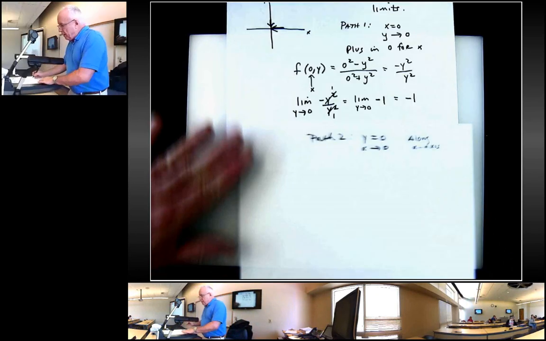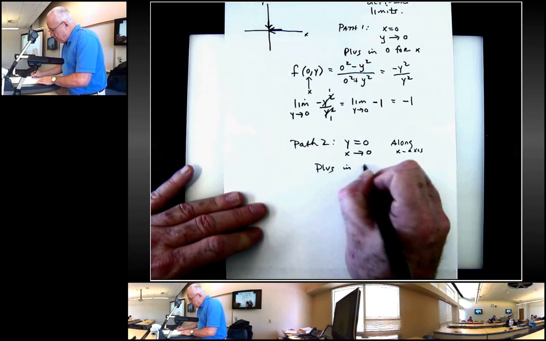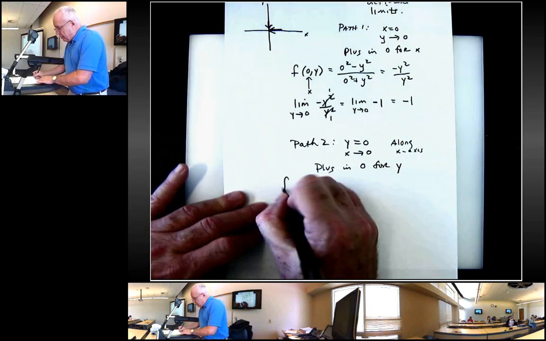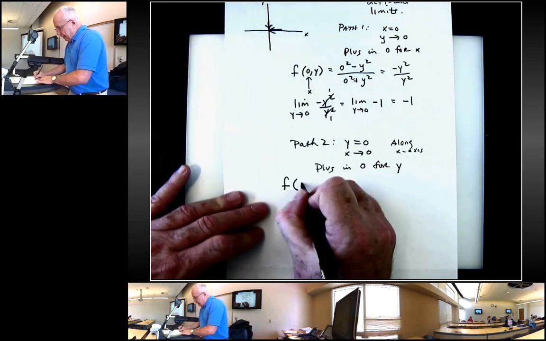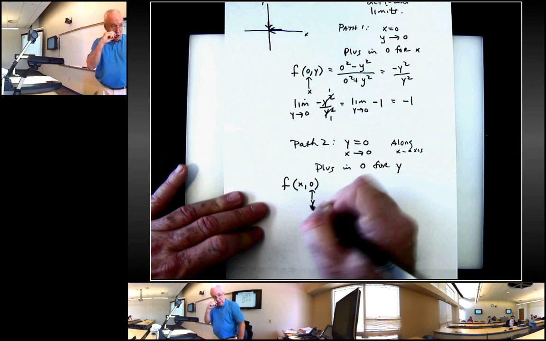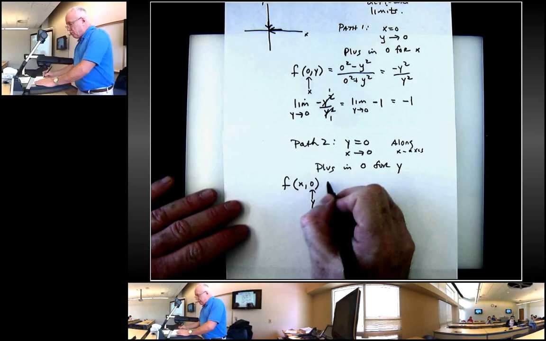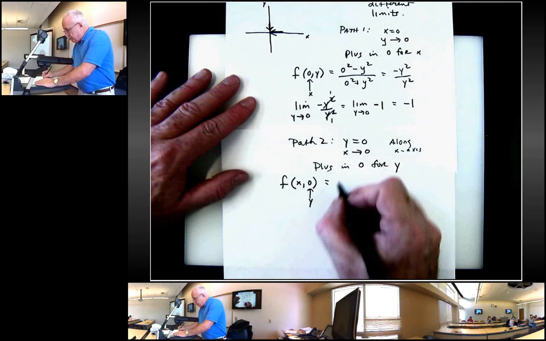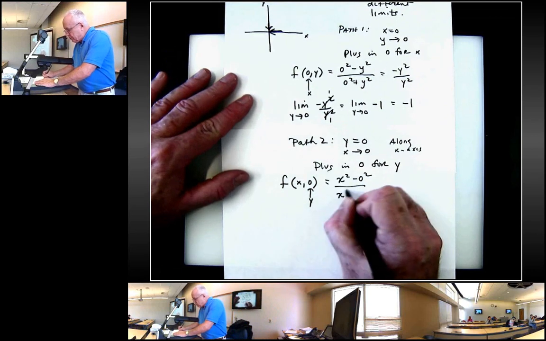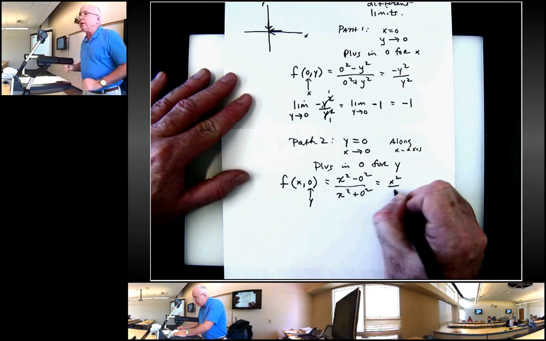So now we have to plug in 0 for y. All right. So what we're looking at here then is f at x comma 0, y is equal to 0 all along this path. And we plug this into our function. Well, this is going to be x squared minus 0 squared over x squared plus 0 squared, which is x squared over x squared.